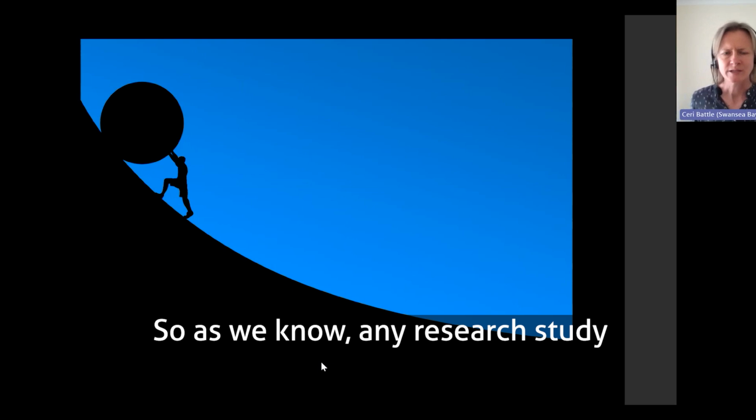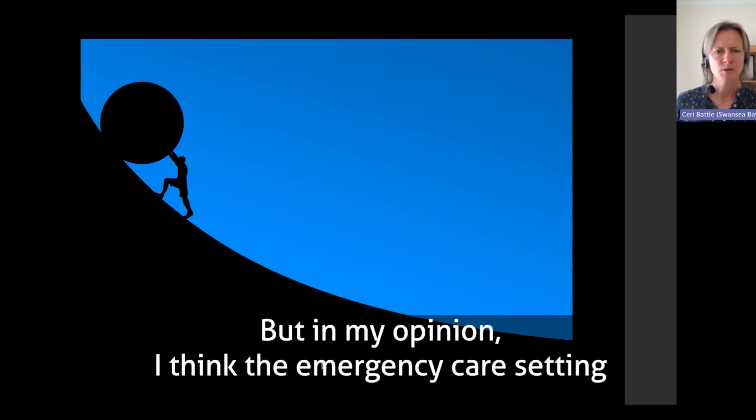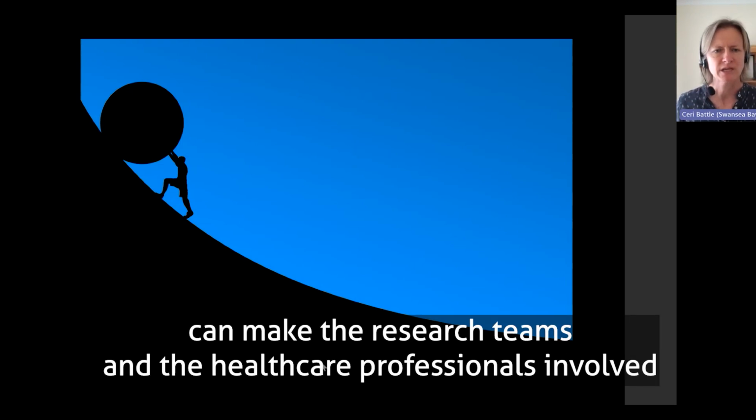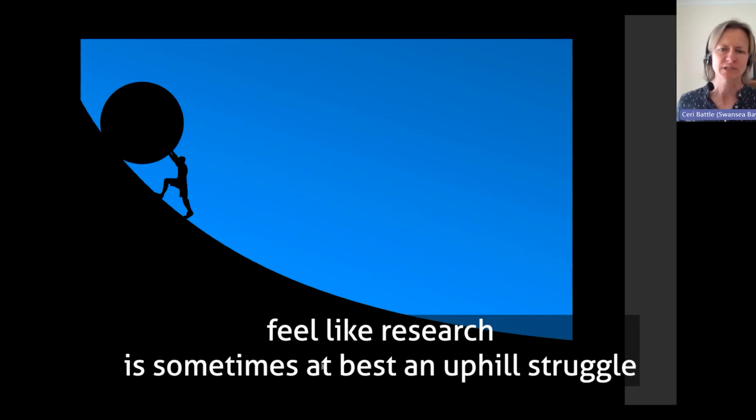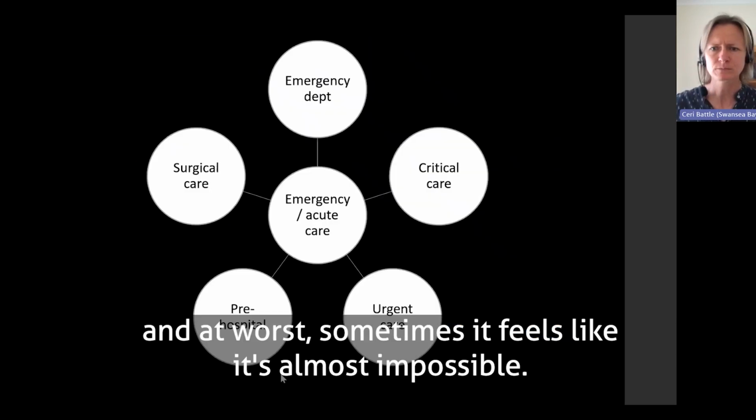So as we know, any research study or trial comes with its own challenges, and we'd all agree with that. But in my opinion, the emergency care setting can make the research teams and the healthcare professionals involved feel like research is sometimes at best an uphill struggle, and at worst sometimes almost impossible.